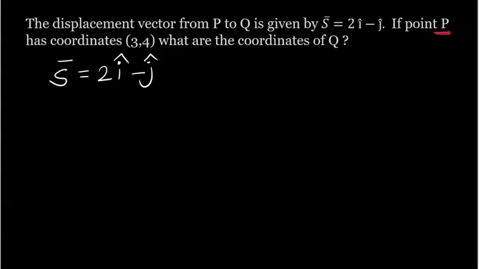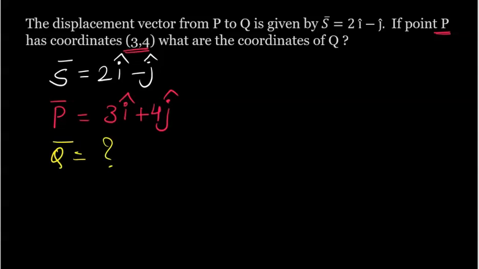Point P, these coordinates are 3, 4. So again I can write P bar as 3 i cap plus 4 j cap. This is done. Now what will be the coordinates of Q? So Q bar vector we don't know, right? We don't know this Q bar vector.